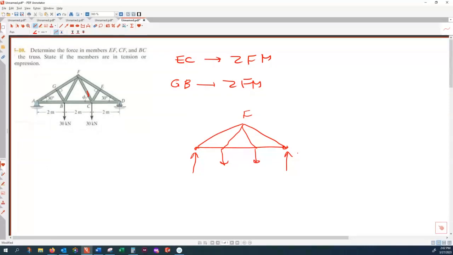And as a result, I can conclude that these reactions are 30-30. Okay. Can you see that? Is that obvious?